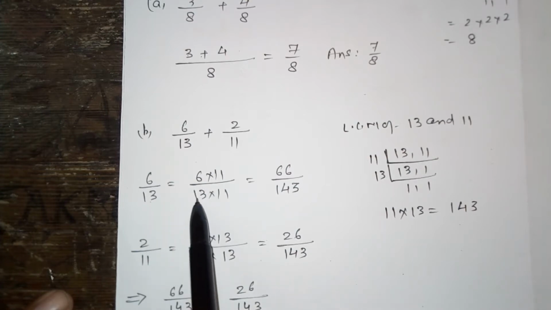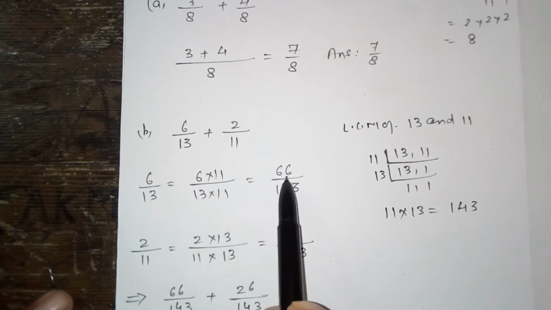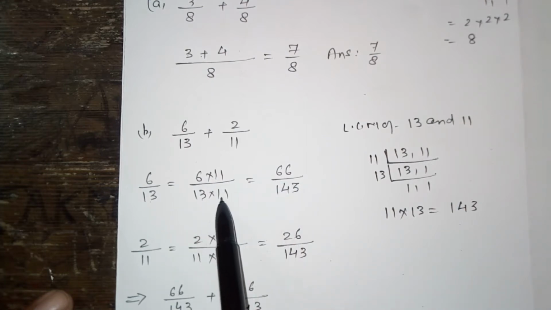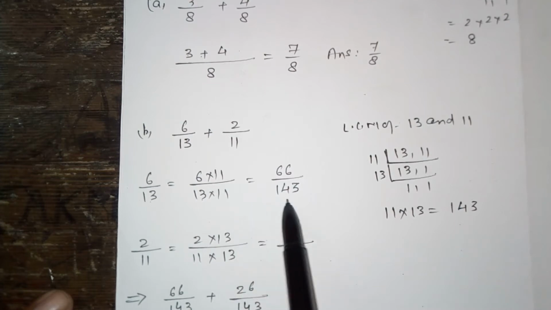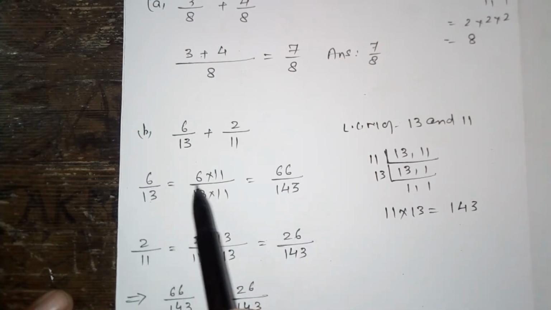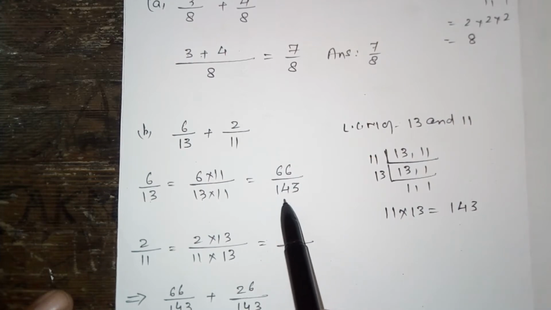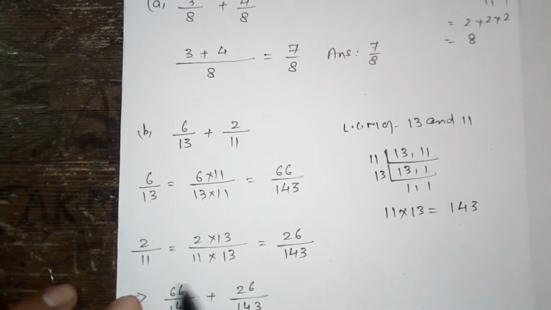In 6 upon 13, we will multiply by 11 in numerator and denominator. 11 sixes are 66. 13 into 11 will give you 143. So 6 upon 13 we will convert to 66 upon 143.